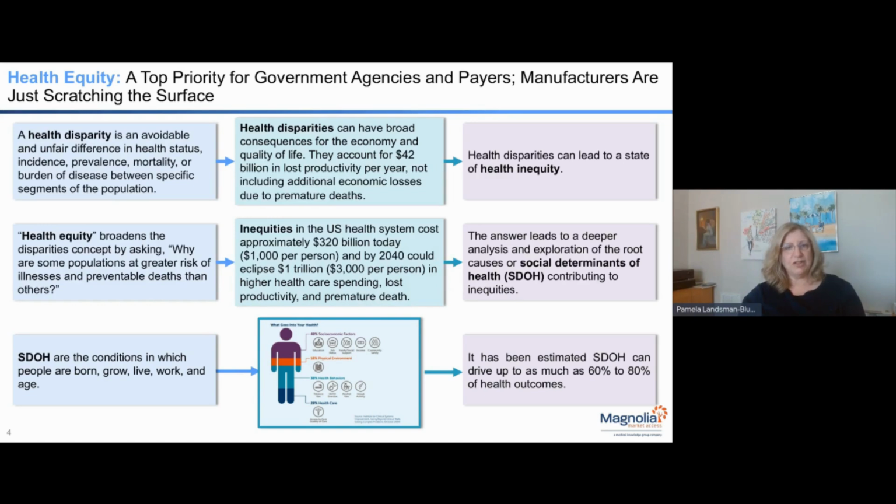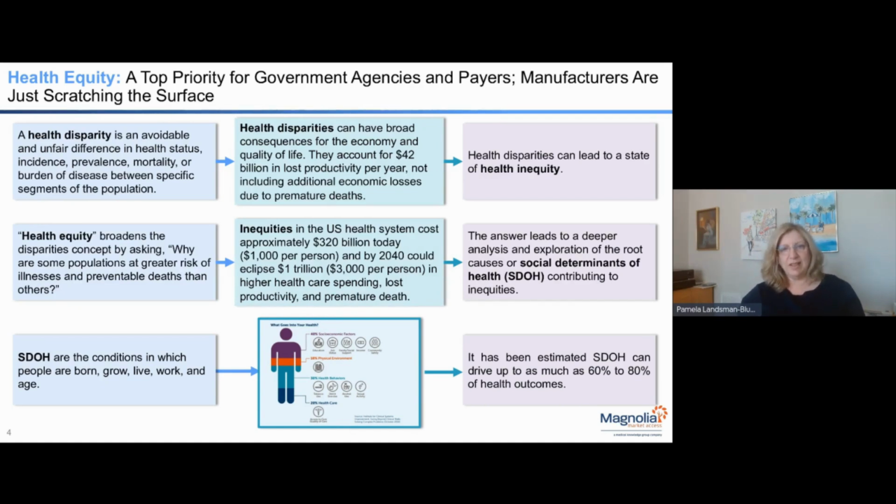So in order to answer questions around what we can do about inequities, you need to explore the root causes, or the social determinants of health, that contribute to these inequities. Social determinants of health are the conditions in which people are born, grow, live, work, and age. It's been estimated that these can drive as much as 60 to 80% of health outcomes.